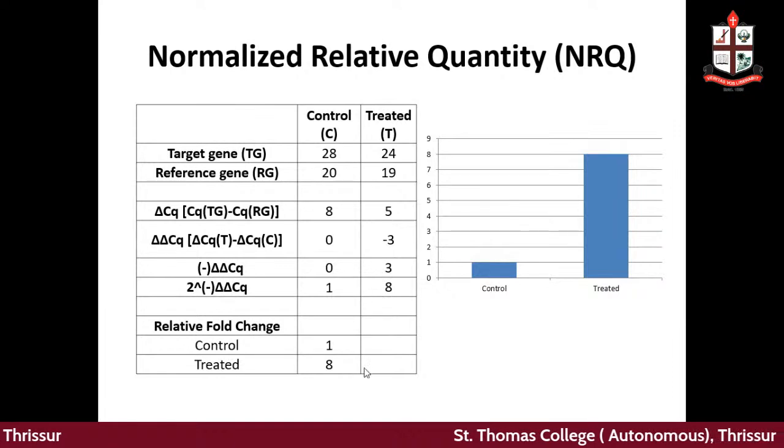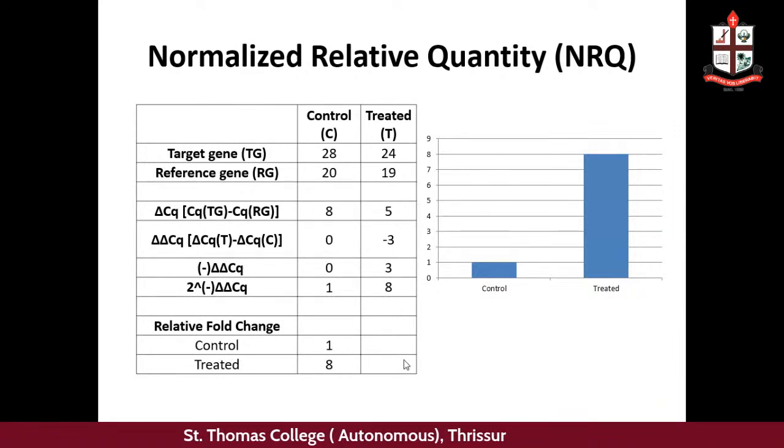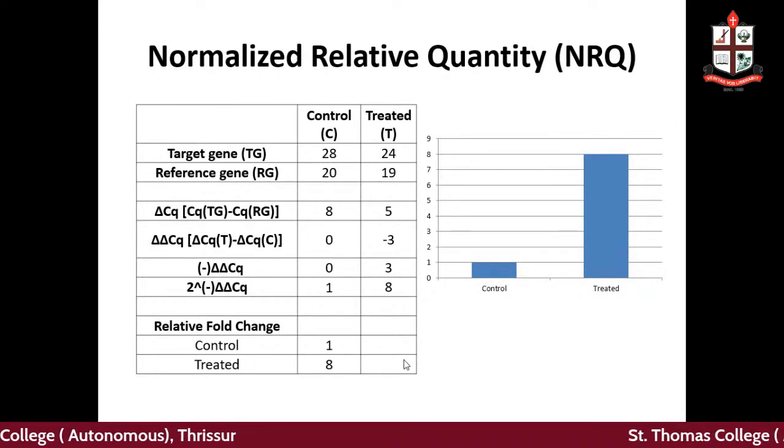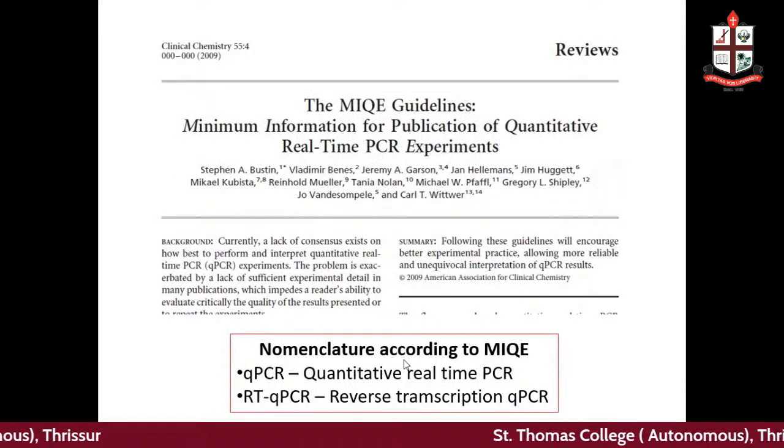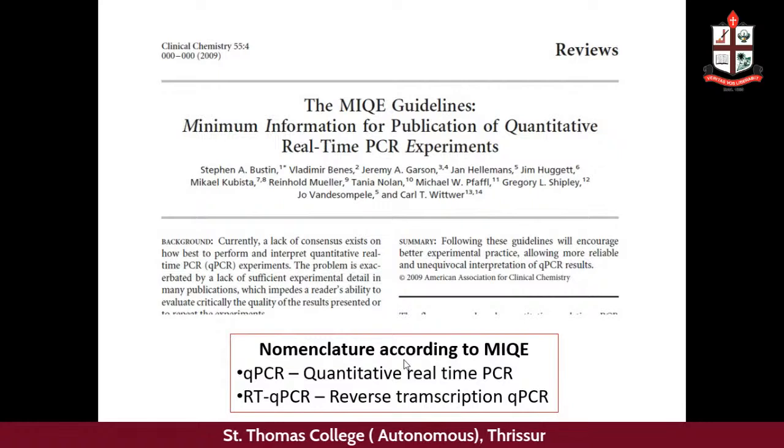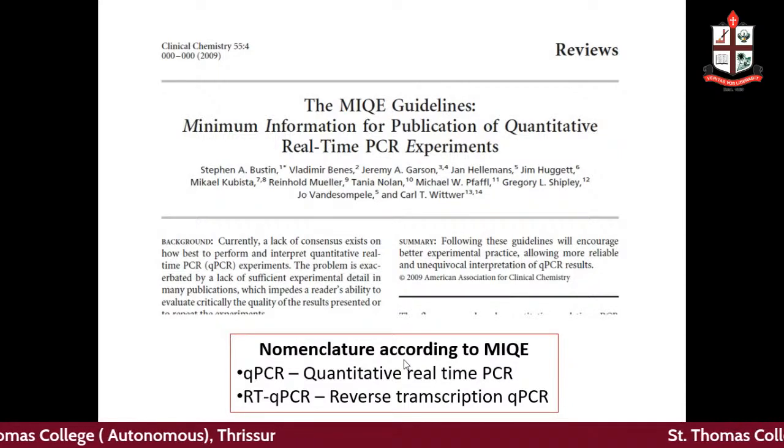So this is how relative quantification is done using real-time PCR, and this is the most widely used method for gene expression analysis. And earlier people used to do PCR without any standards and in a proper manner.